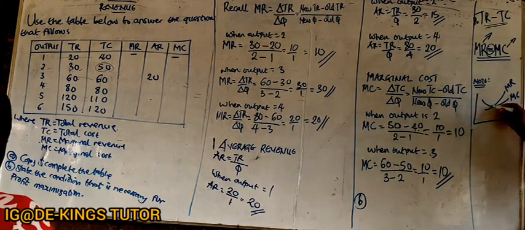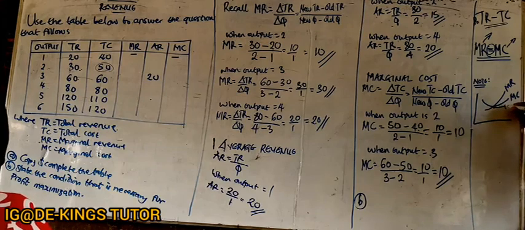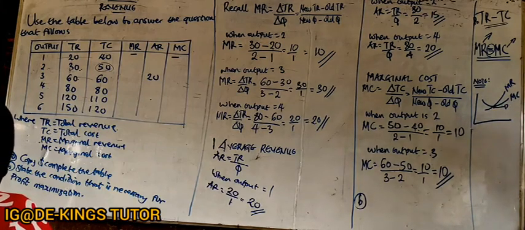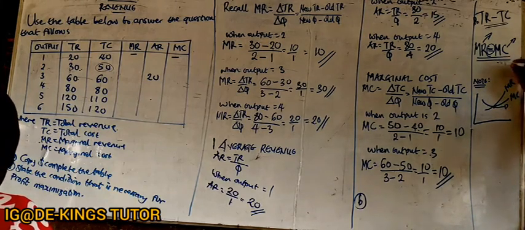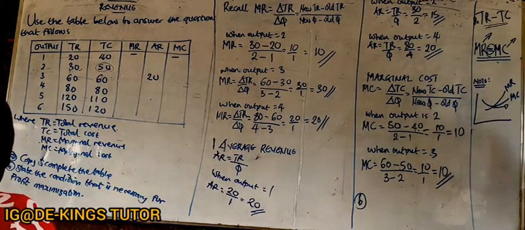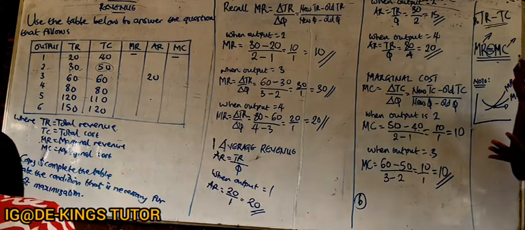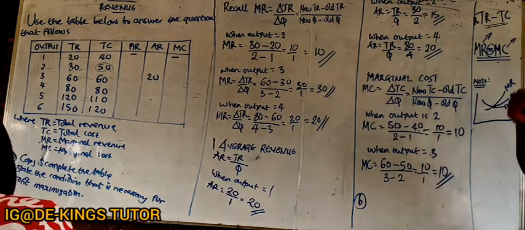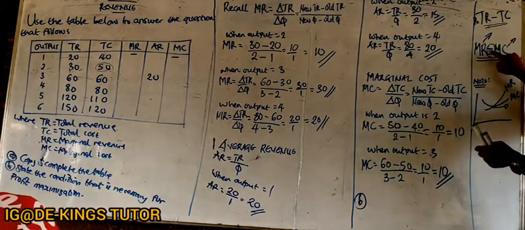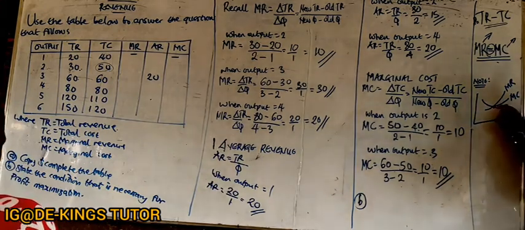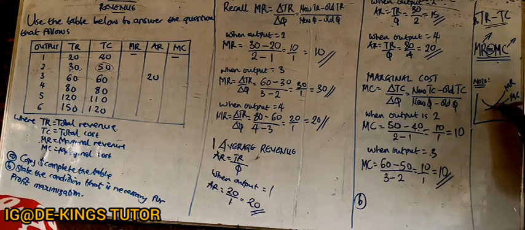So when they are equal, that is when we term it profit maximization. So it might come in graphical representation. Do you understand me? When it does, your mind should know that MR equates MC. At any point where they meet, they are equal at that point.